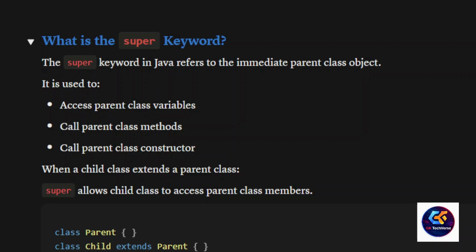Now the super keyword in Java refers to the immediate parent class object. It is used to access parent class variables, call parent class methods, and call parent class constructor using super keyword. When a child class extends a parent class, using super keyword allows the child class to access parent class members.